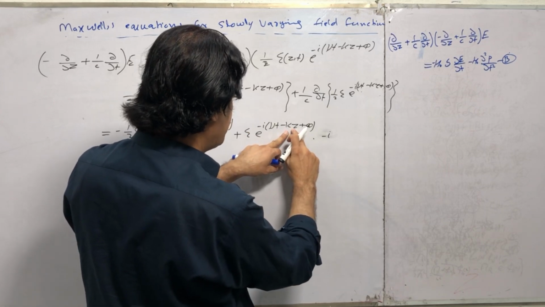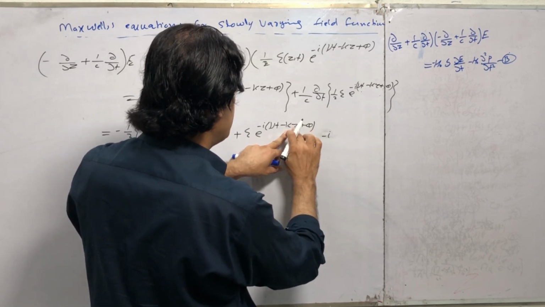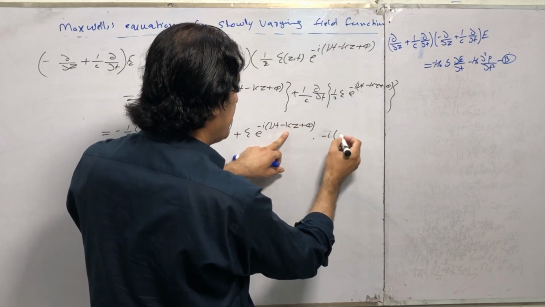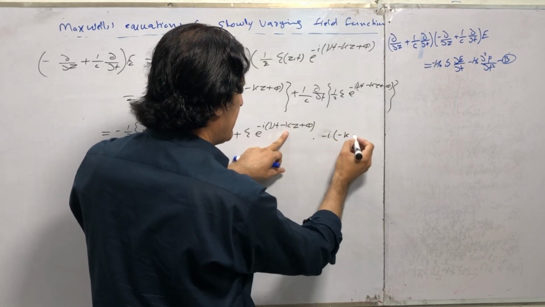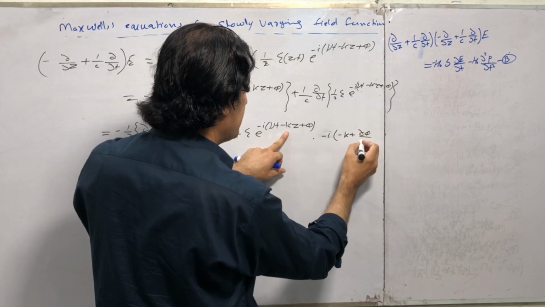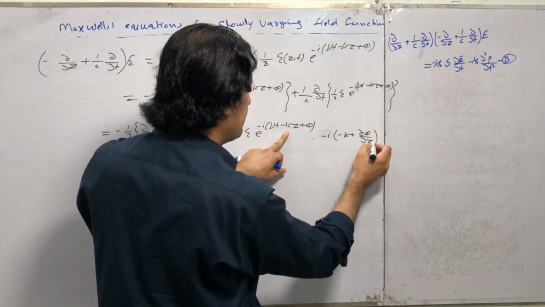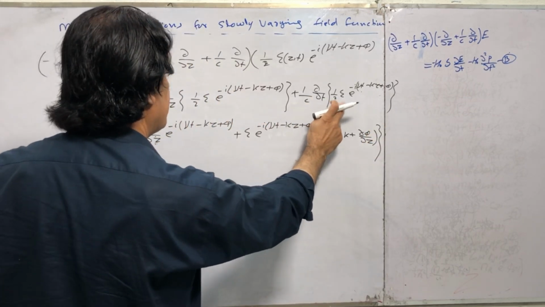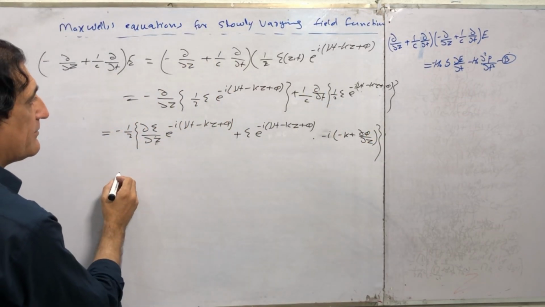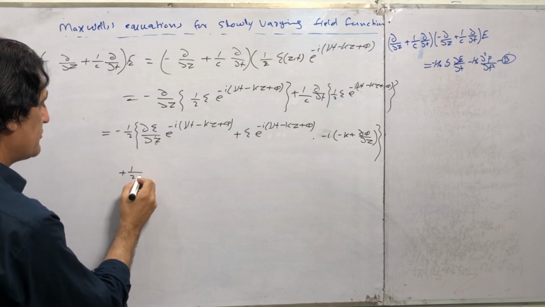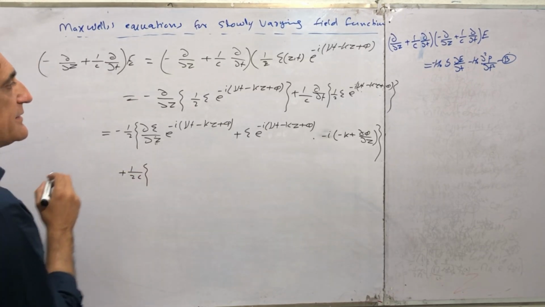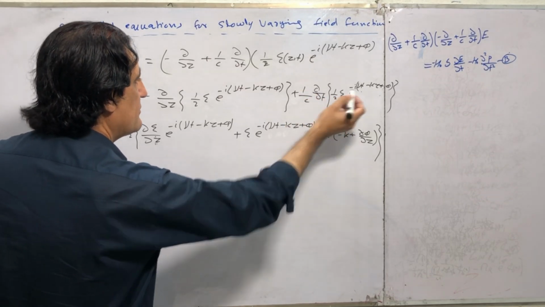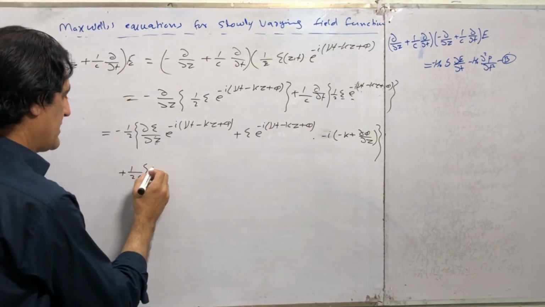Then if we take the derivative, this will be a product rule: minus 1 over 2 partial epsilon divided by partial z e to the power minus iota (nu t minus kz plus phi), plus e to the power minus iota (nu t minus kz plus phi), and here this phi is a function of space, so it means minus iota times minus k plus partial phi divided by partial z. So this is one part, and the other part is this one: plus 1 over 2c, this is outside, and partial divided by partial t, this is also a product rule we can use.